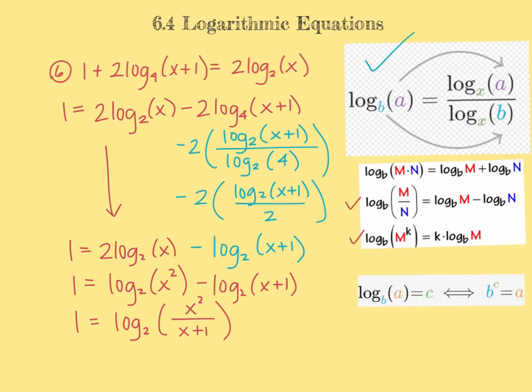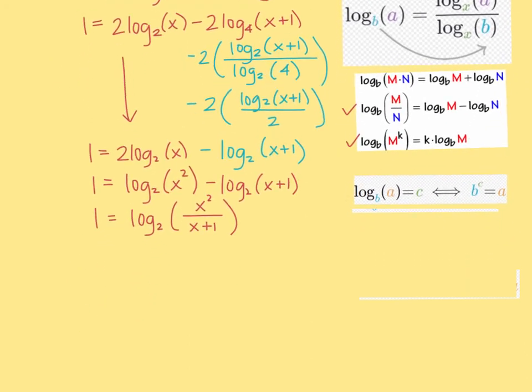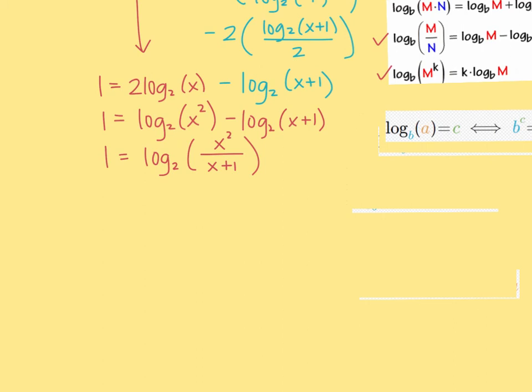The last thing that we see is that we now have an equation in logarithmic form, and so we can rewrite it into exponential form. So rewriting into exponential form looks like our base of 2 to the first power equals x squared over x plus 1.